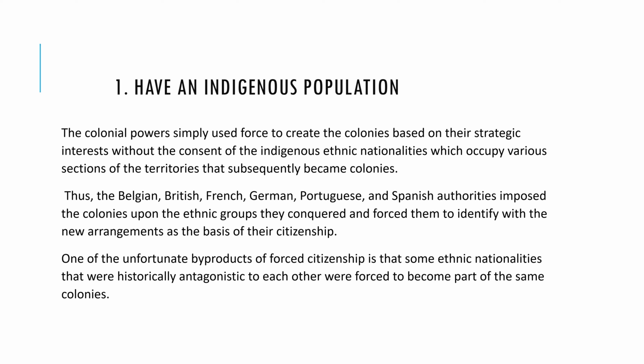Thus, the Belgians, British, French, German, Portuguese, and Spanish authorities imposed the colonies upon the ethnic groups they conquered and forced them to identify with the new arrangements as the basis of their citizenship. One of the unfortunate byproducts of forced citizenship is that some ethnic nationalities that were historically antagonistic to each other were forced to become part of the same colonies.